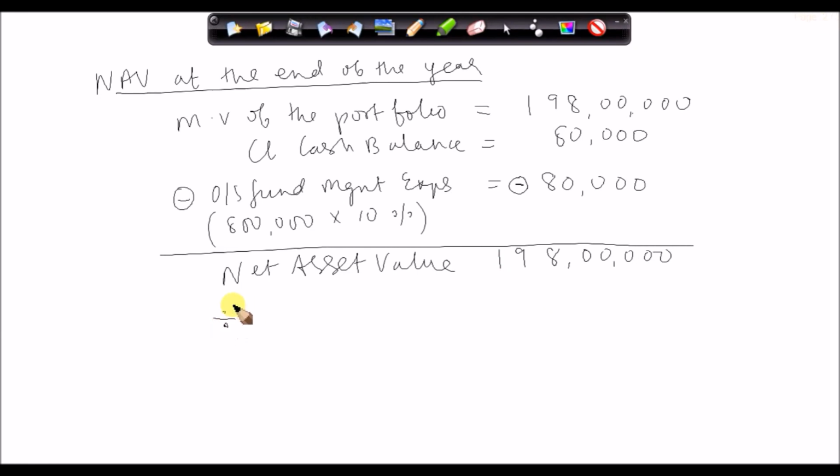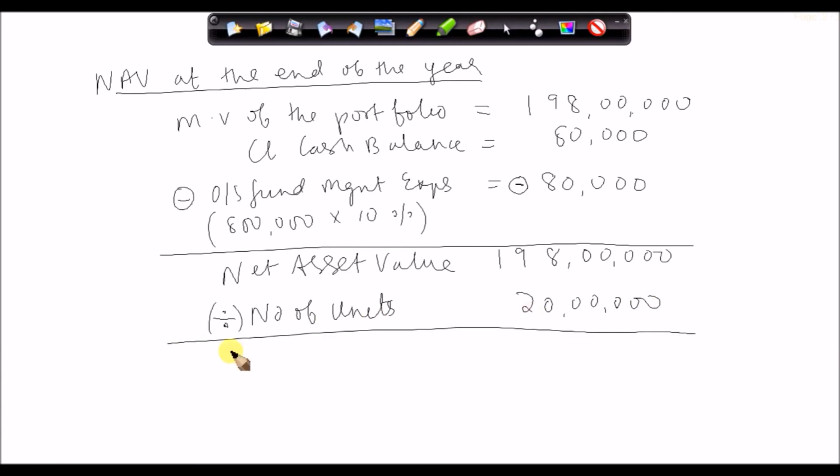This I am going to divide by the number of units, and the number of units is 20 lakh units. So now I am going to get the net asset value per unit at the end of the year. So I am going to divide 1 crore 98 lakhs by 20 lakhs. So it is 9.9.